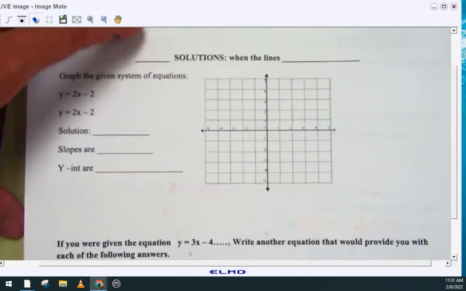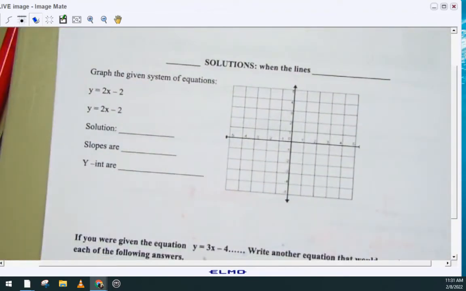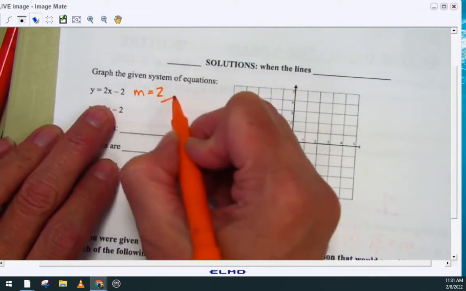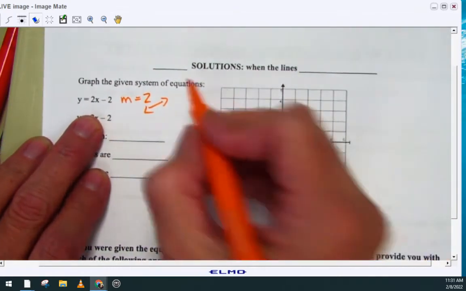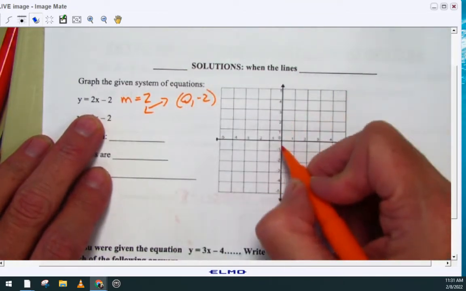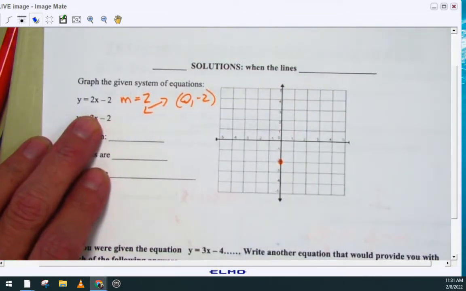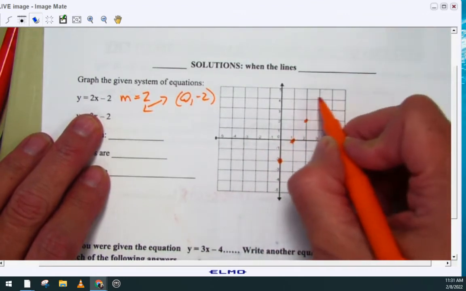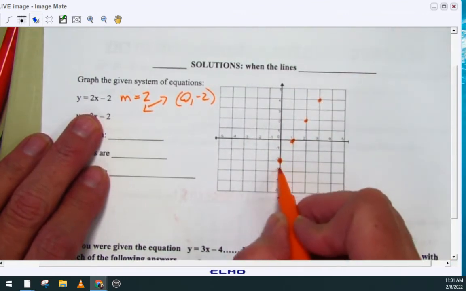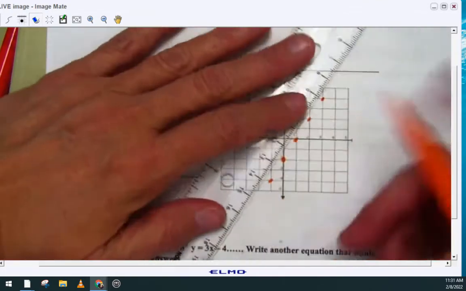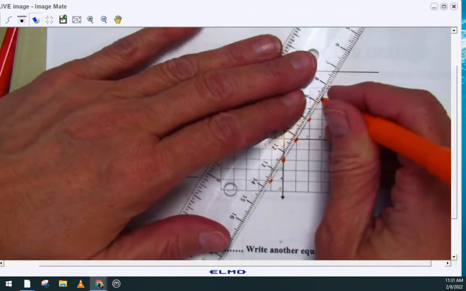Right here, let's graph these. If I graph this one, my slope is 2, so that's positive, so I'm going this direction. My y-intercept is (0, -2), so I go to (0, -2). My slope is 2, so I go up 2 over 1, up 2 over 1, up 2 over 1.